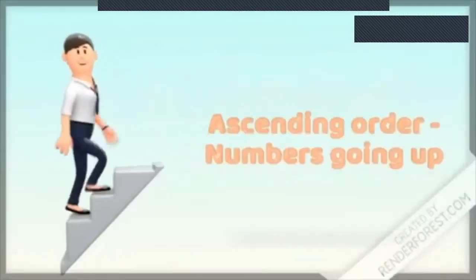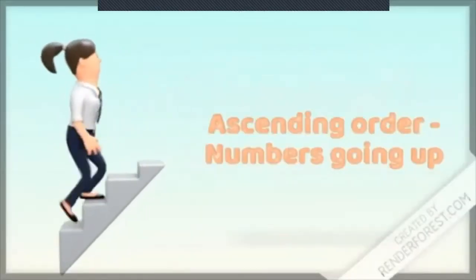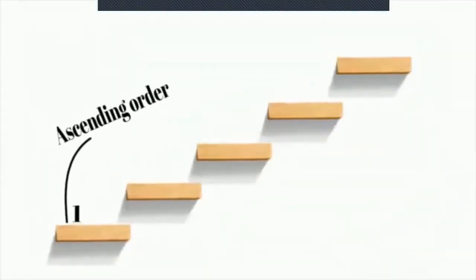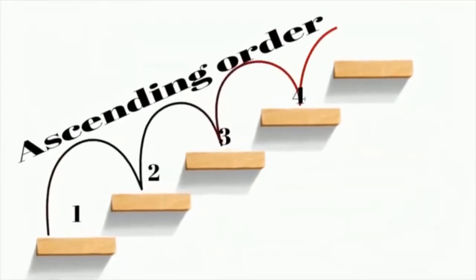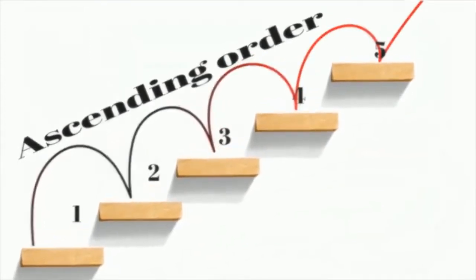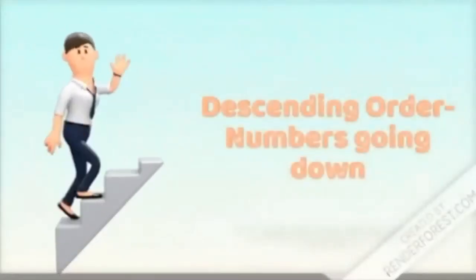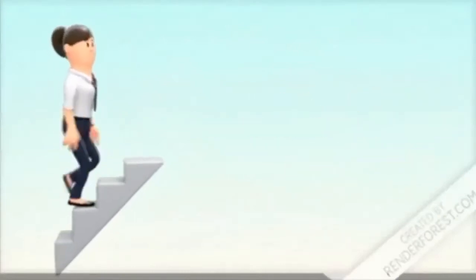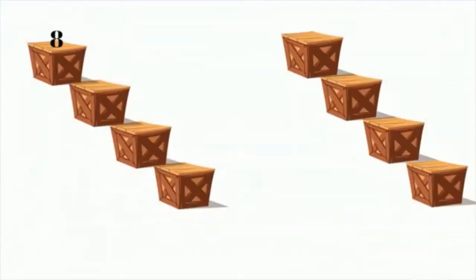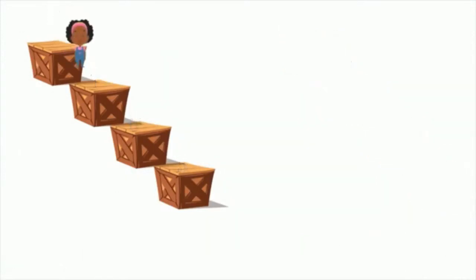Ascending and descending order. I'm climbing the stairs. The numbers are going up. That is ascending order. Now let's see. 1 goes up to 2, to 3, to 4, and to 5. The numbers are increasing. Now let's see what is descending order. Wow, it's difficult to climb the stairs down. The numbers are going down. 8, 7, 6, 5, 4, 3, 2, 1.